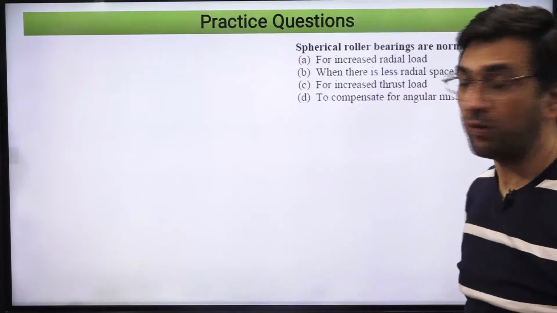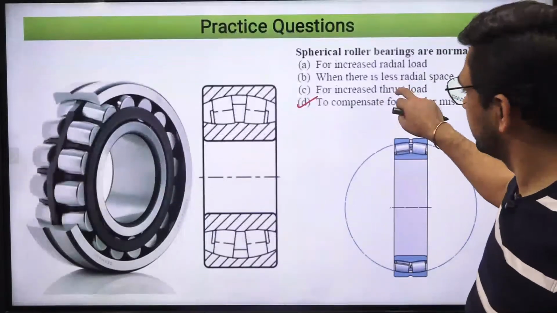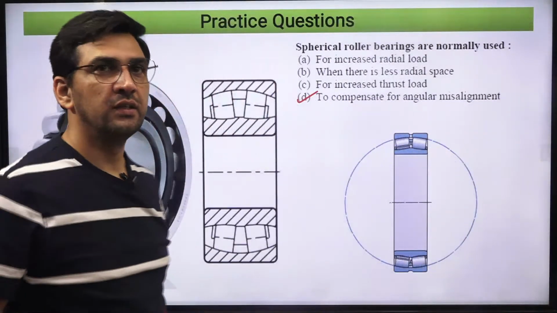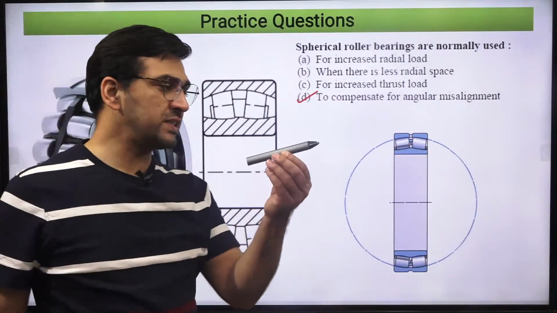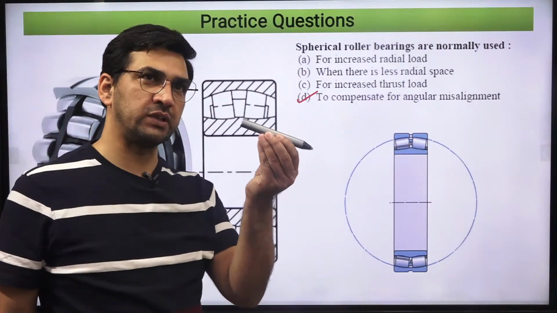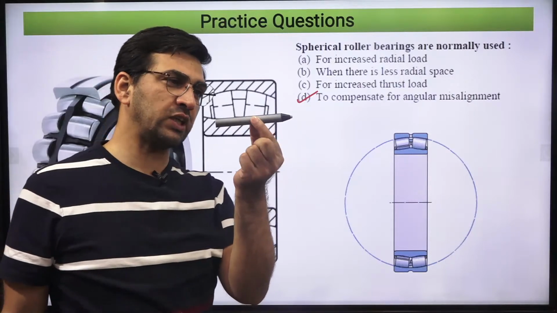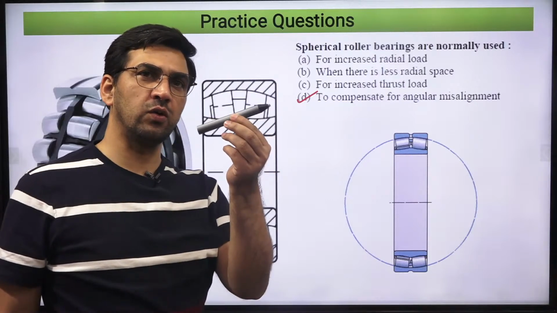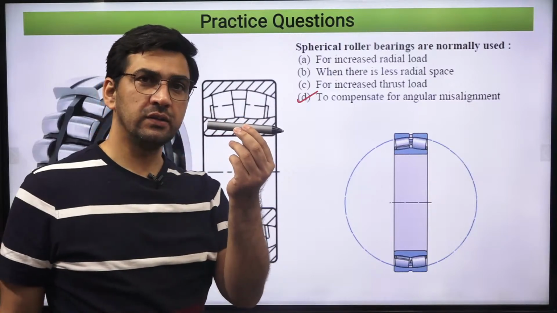I think this question we have already addressed, isn't it? It was the same question, only the difference is in the way it is asked. Spherical roller bearings are used to compensate for angular misalignments. They can adjust that angular misalignment. For example, if there is a possibility that the shaft can go a little this way and misalign, they will adjust accordingly.